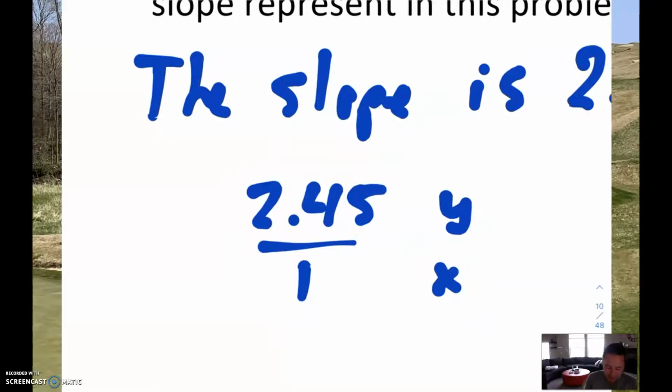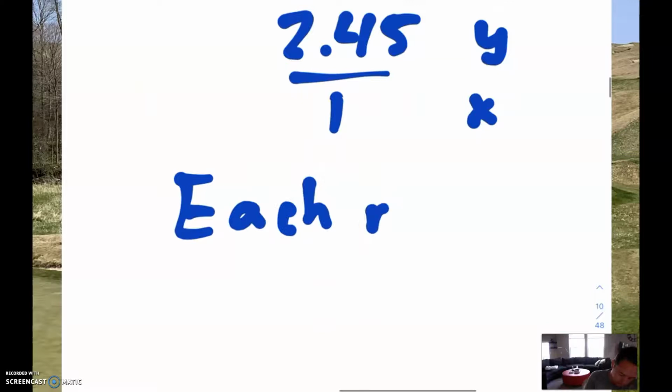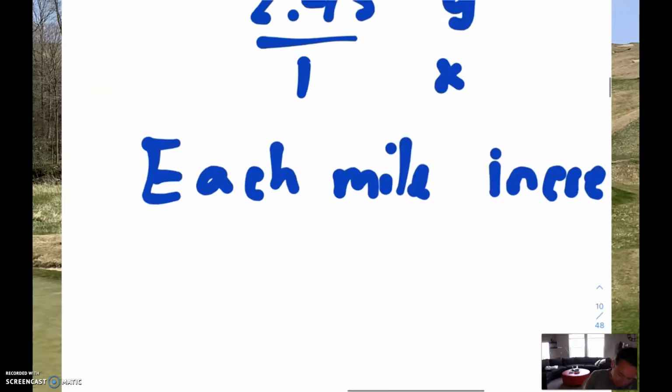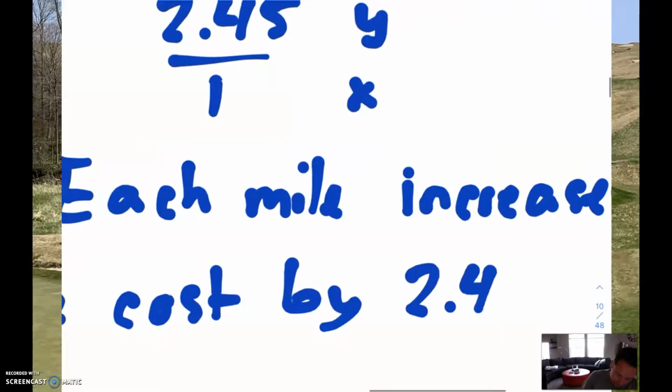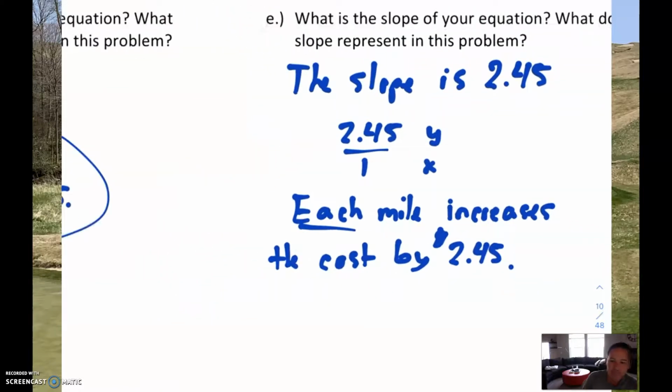So essentially, it's saying each mile in an Uber costs $2.45. So each mile increases the cost by $2.45. Whenever I'm describing the slope, I like to use that word each.